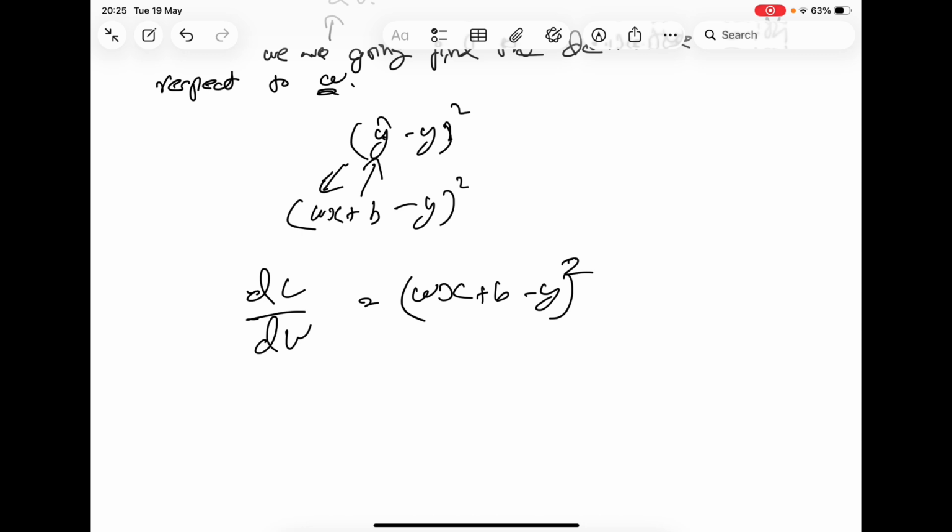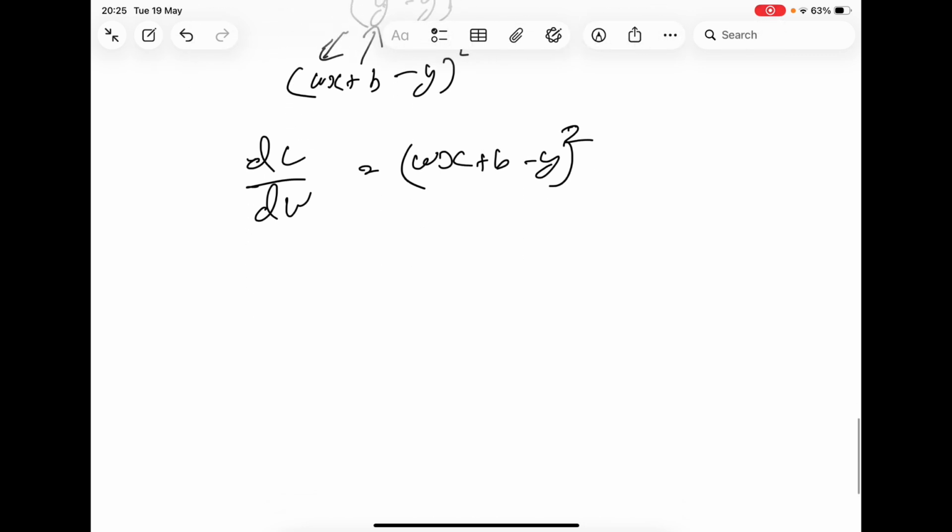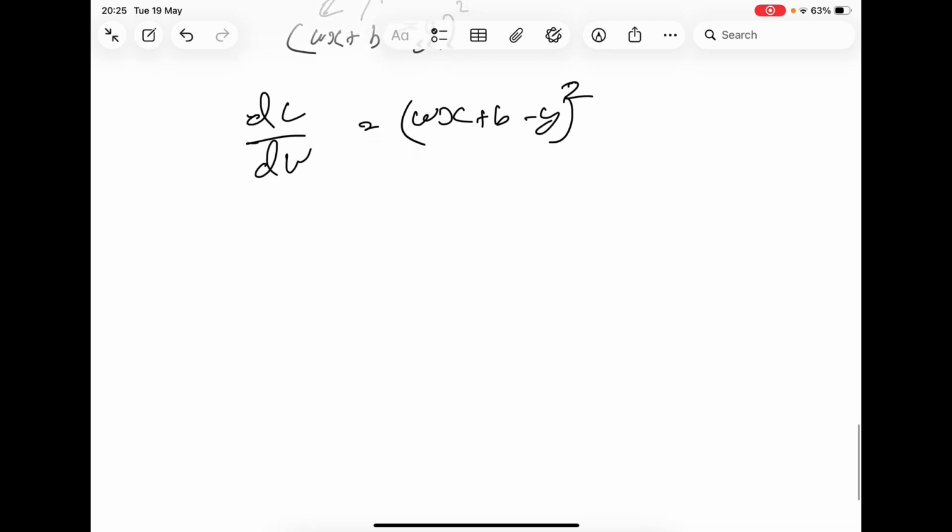In order to find the derivative, you need to use the power rule and the chain rule both. So using the power rule, let's take the 2 out and let's write this this way.